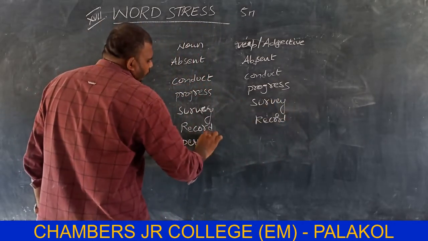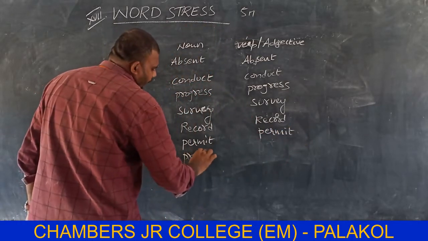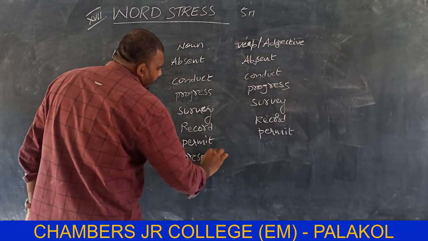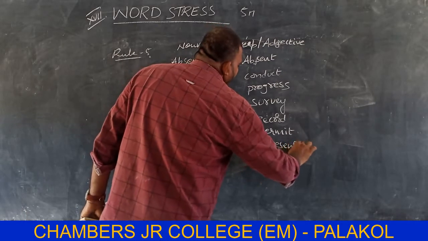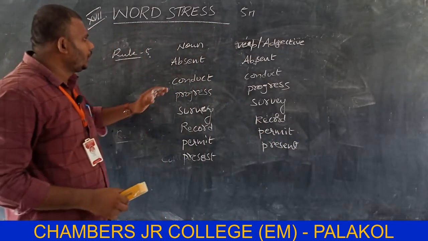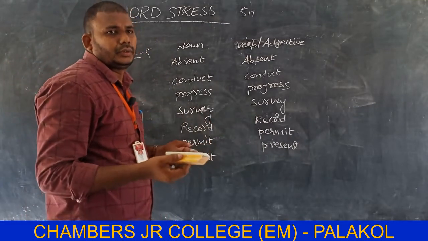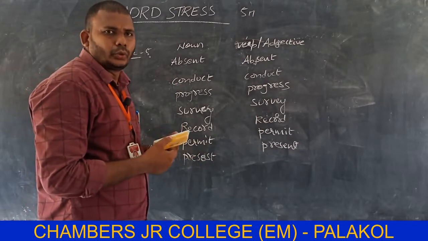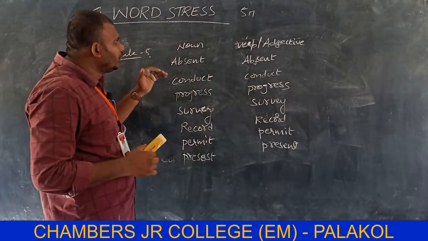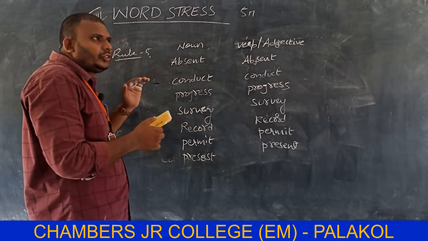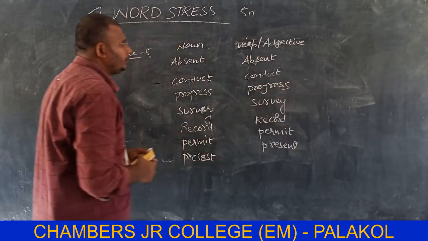Permit, present, and see it. We have the same spelling, but the pronunciation is different. But with these kinds of words, how can we clear our confusion? As I said in the first rule, a noun takes the stress on the first syllable, a verb takes it on the second syllable.